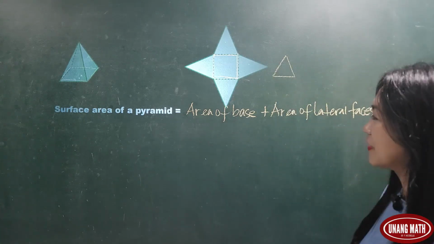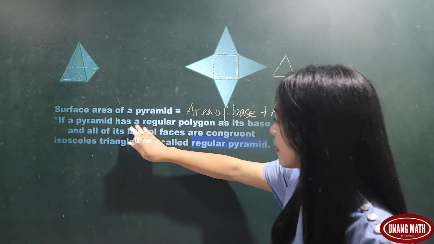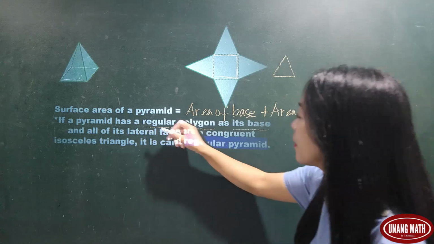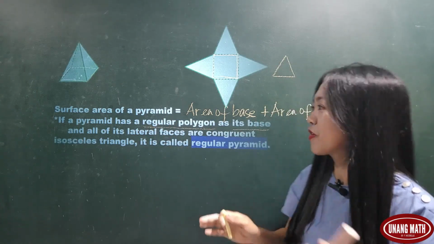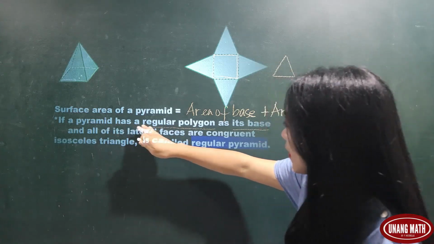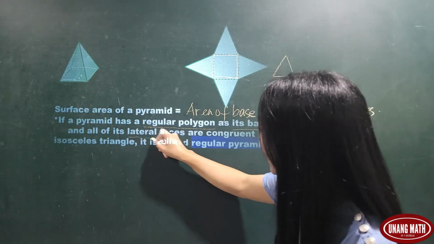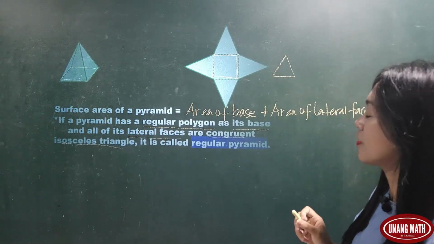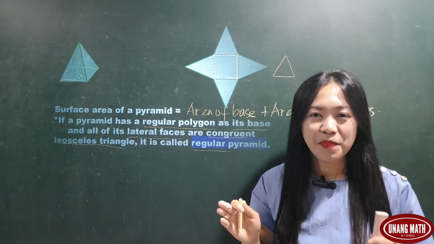One more concept that you have to remember: a regular polygon means all the sides are of equal measures. So if a pyramid has a regular polygon as its base and all of its lateral faces are congruent isosceles triangles, then this is called a regular pyramid.